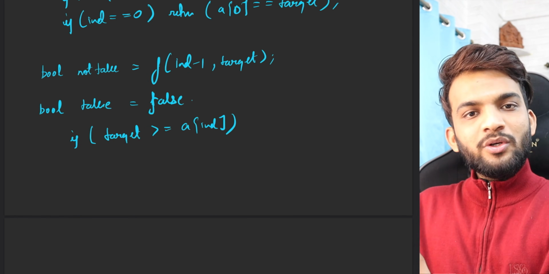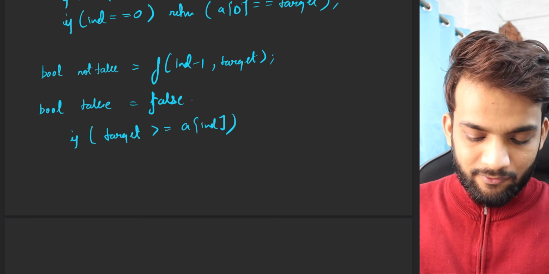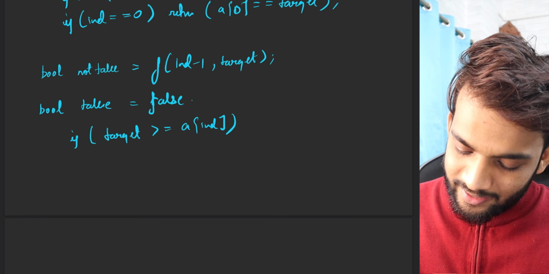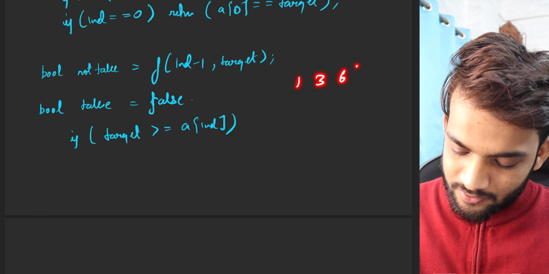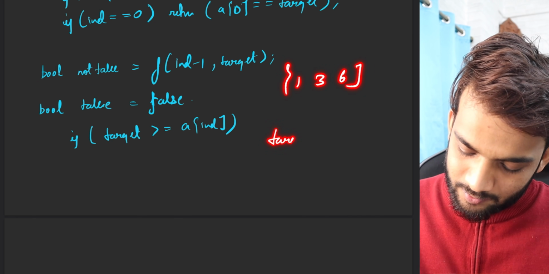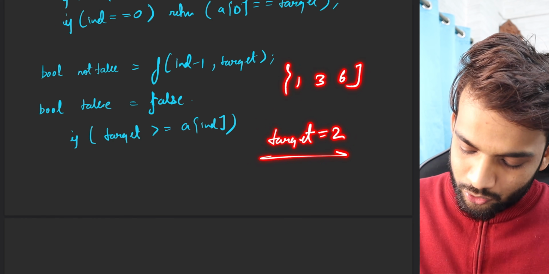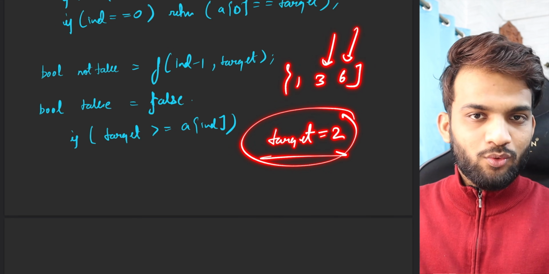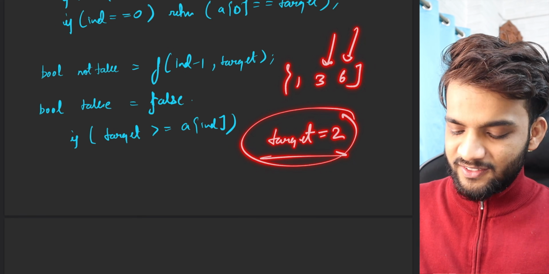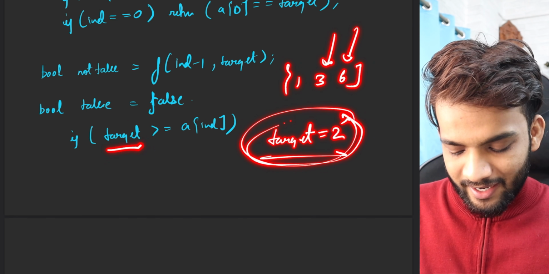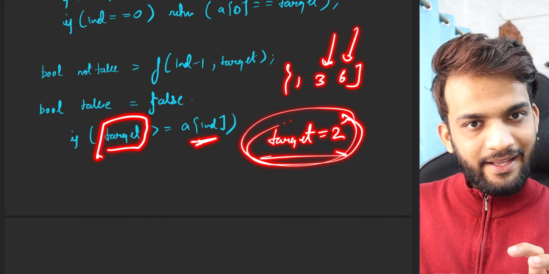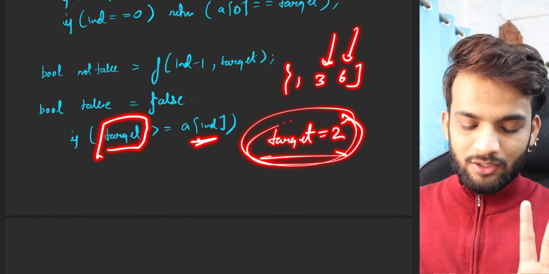Otherwise, how can you take it into the subsequence? Like for an example, if your array is something like 1, 3, 6 and your target is something like 2, you can't take 6 or 3, can you, in the subsequence? Because you're looking for something as 2. So I'm saying if the target is greater than or equal to the array element, then only take it, otherwise not.